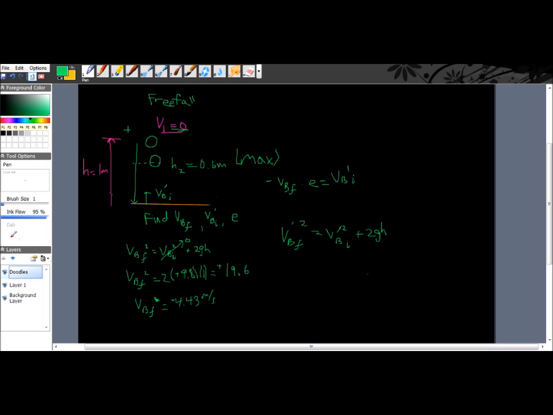And we know that the final velocity of the ball is going to be 0 when it reaches its max height. So we're going to put that to 0, and we're going to move this VB initial squared to the other side so we can solve for it.